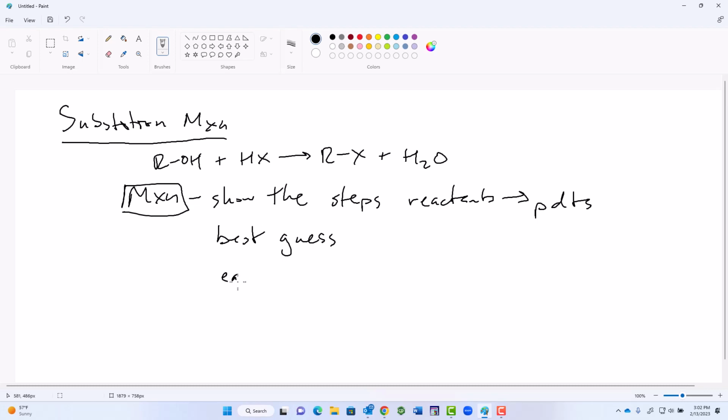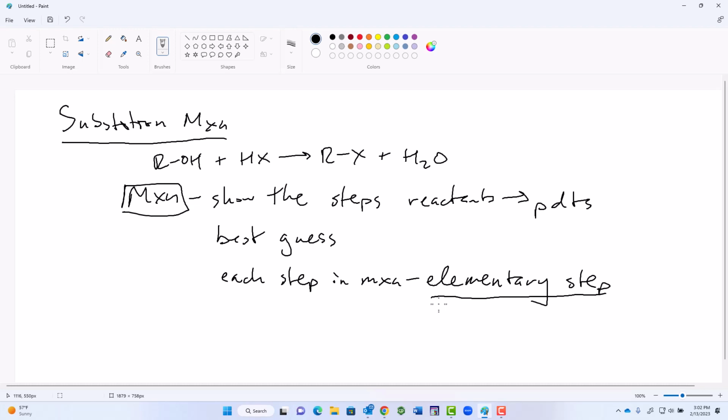And we call each step in the mechanism an elementary step. Elementary step meaning that they're not necessarily products or reactants, but they are intermediates in a reaction. It is each individual step combined that is going to make this overall reaction that we see here.